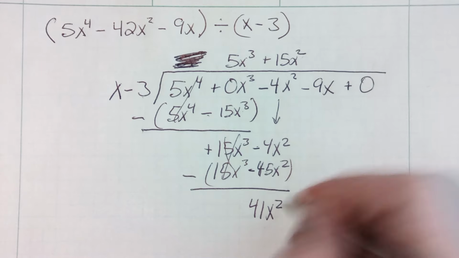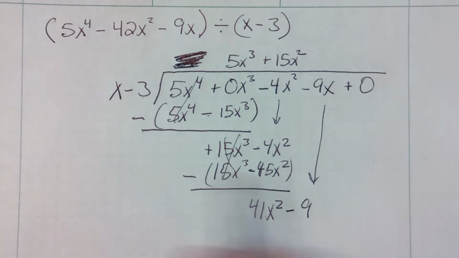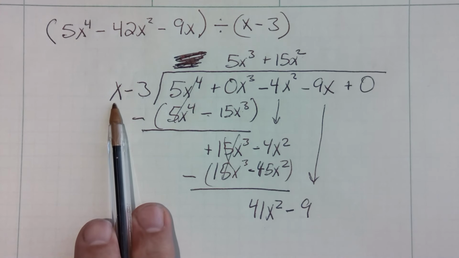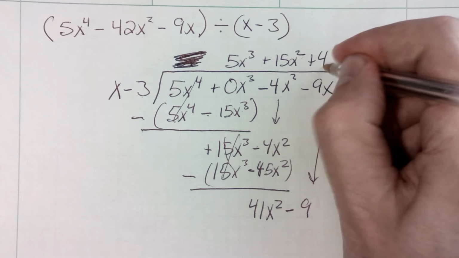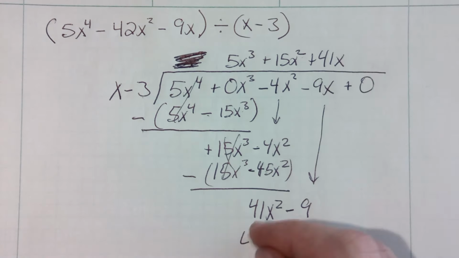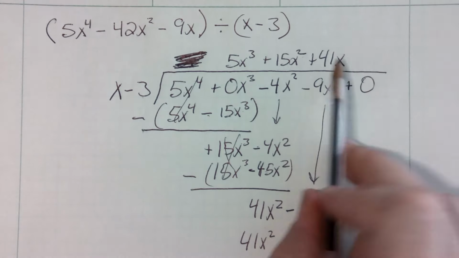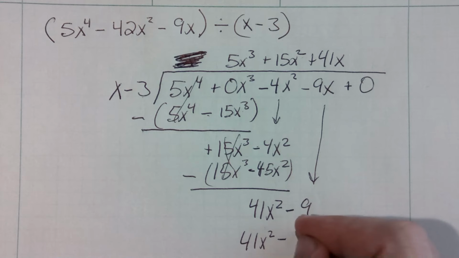Bring down that next term, which is a minus 9. Repeat the process. What do I multiply x by to get it to be a 41x squared? Well, I need a 41, and I need another x. So 41 times x is 41x squared. 41x times the negative 3 will be a minus 123x.